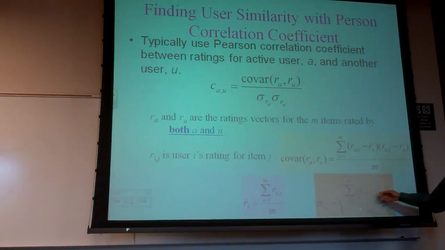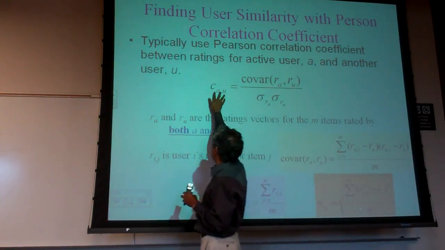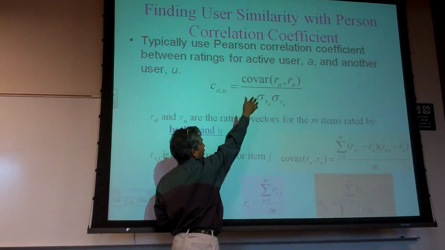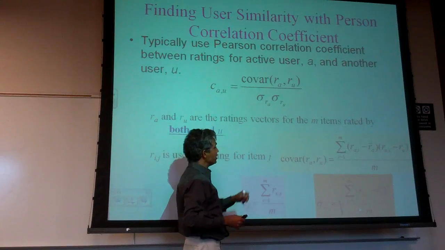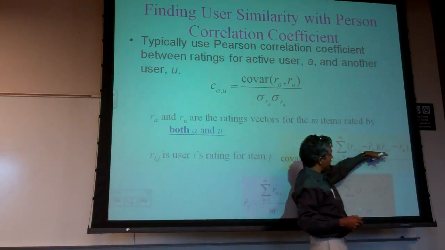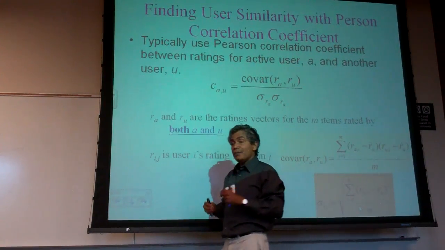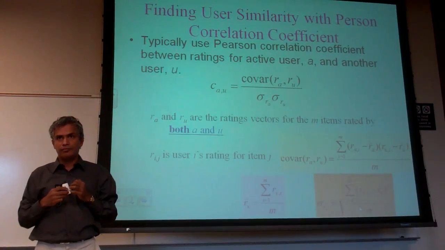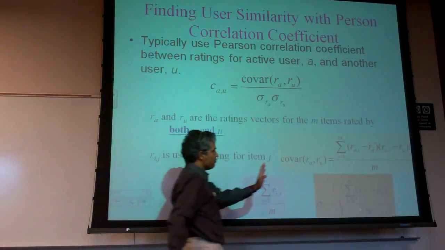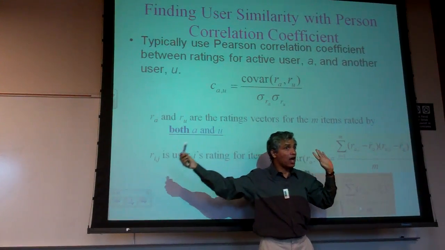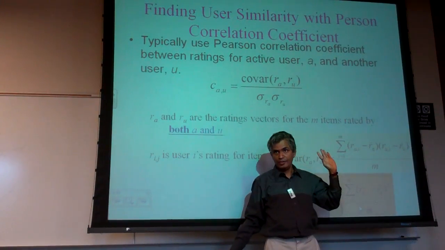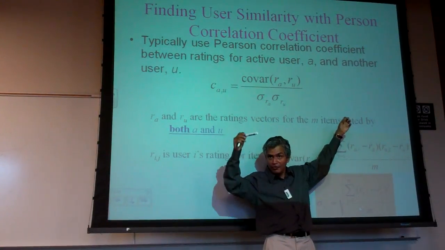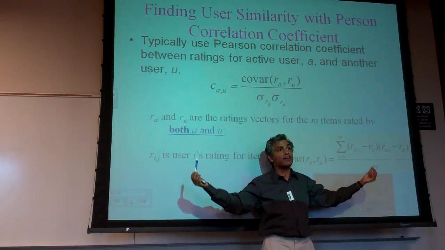Okay, and if I do this, then I can compute this measure, the correlation coefficient between A and U, as the covariance of RA and RU divided by this. Now notice that you can only compute the covariance over the items that are common between both of them. The average rating for each user is the average over all of their ratings, but the numbers that actually come here are only for those items which both of them have rated.